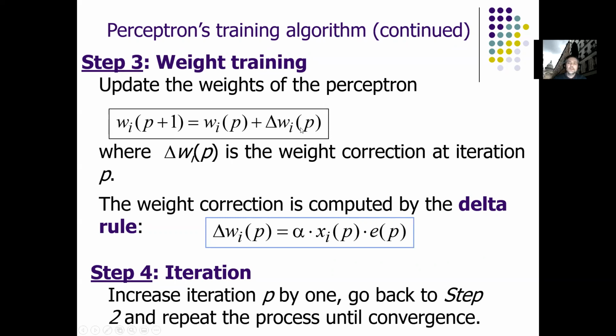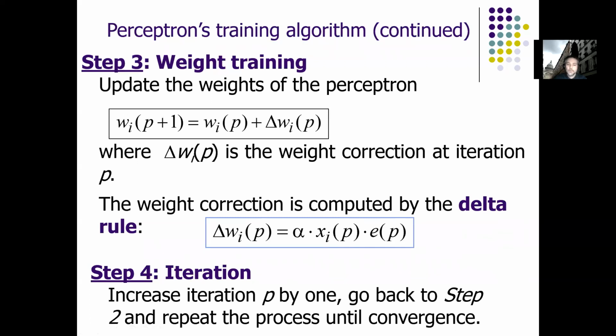And as I said, there are different algorithms even today in deep networks, different ways to calculate this kind of correction. With a perceptron, it was a very simple formula. It was calculated by the so-called delta rule because of this delta W that is used. And the calculation was a multiplication between the learning rate, the value X, and the error, which is the difference between the desired output and the actual output.